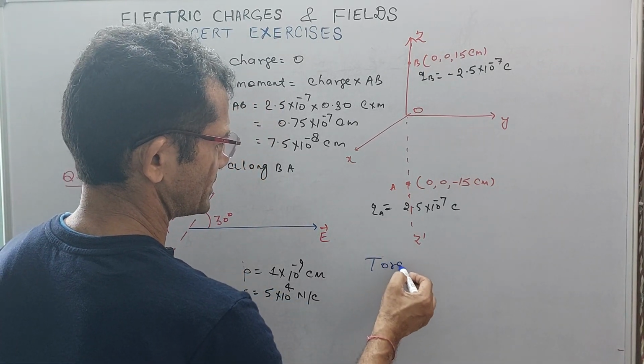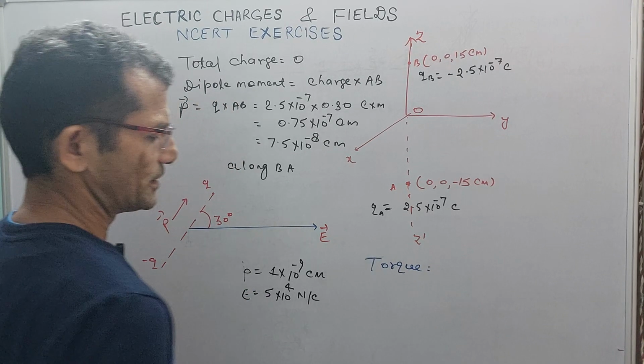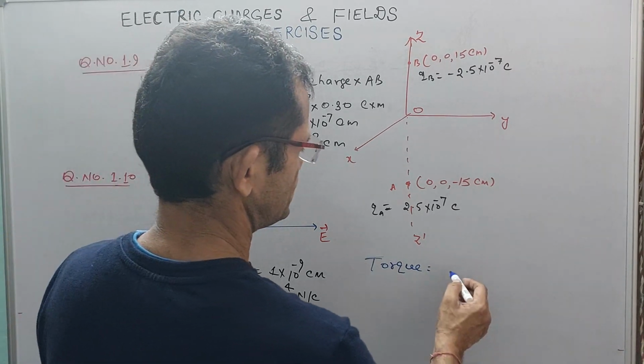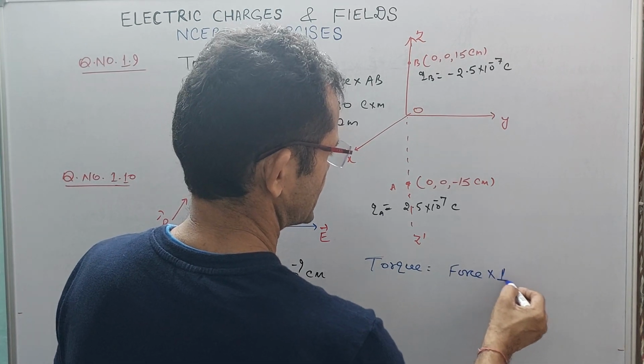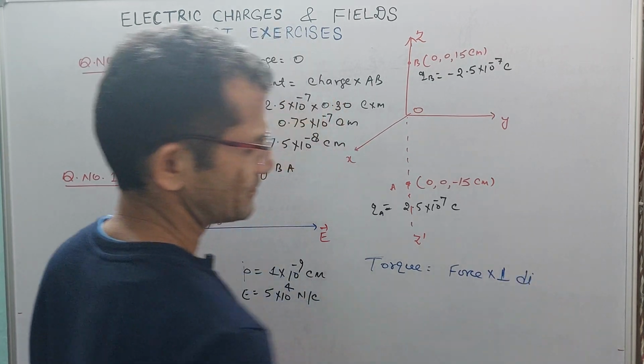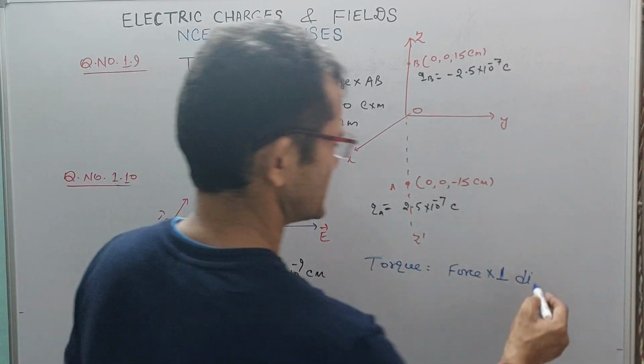Torque is a vector quantity. The formula for torque in magnitude is force into the perpendicular distance between the two equal and opposite forces.